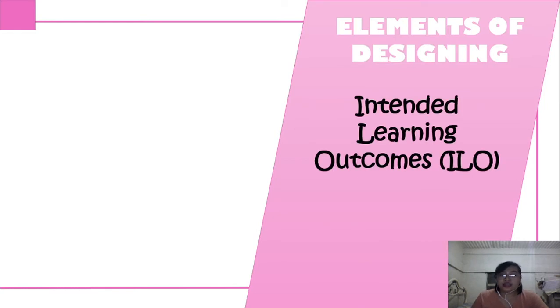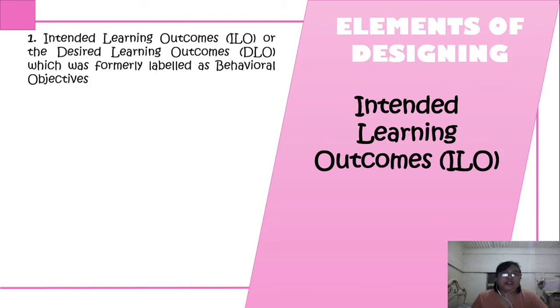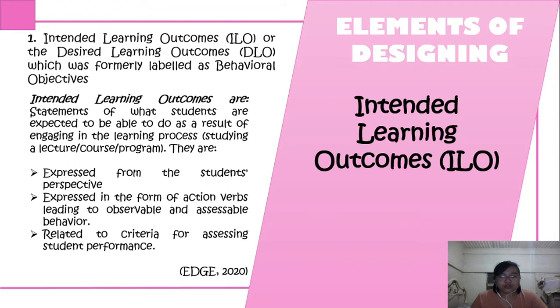Let us now move on to the intended learning outcomes, the first element in designing a curriculum. So intended learning outcomes, or the ILO, or the desired learning outcomes, was formerly labeled as behavioral objectives, as I have stated in my presentation.